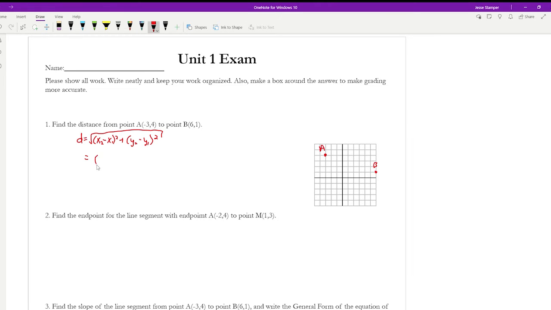So first, I'm going to start with, we'll say A is point 1 and B is point 2, so we're going to start with -3 minus 6 squared plus 4 minus 1 squared, and take the square root of this.